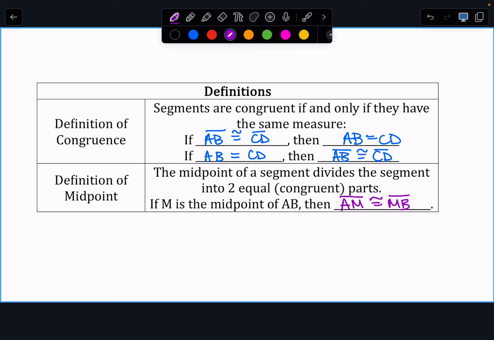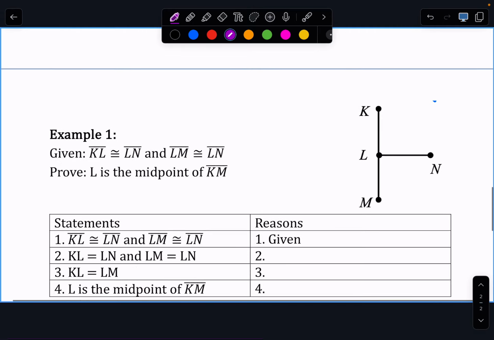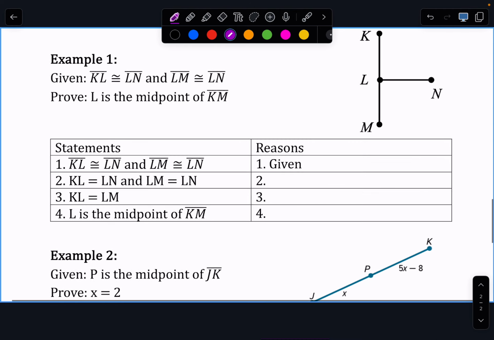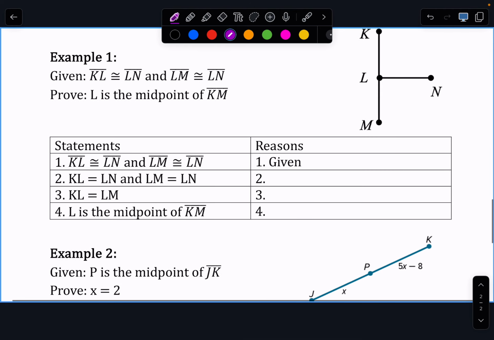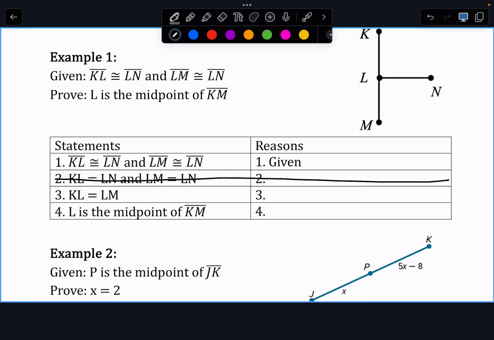Okay, so this is what I want you to do. We are going to go to this page right here, example 1, and we're going to eliminate option 2, and in option 3, make our congruent segments.